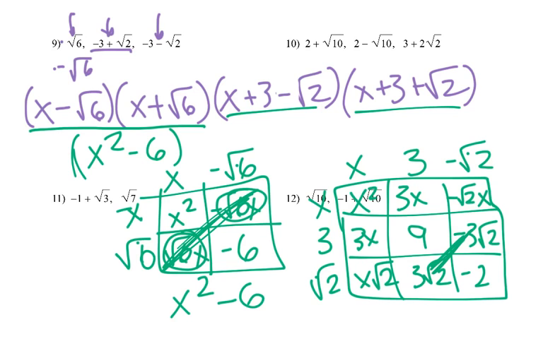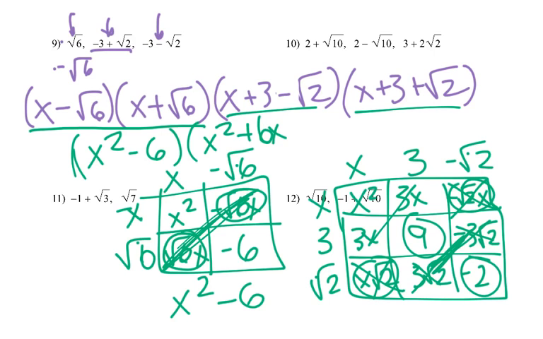So these two will undo each other, and these two will undo each other. So we once again got rid of the square roots, and we're left with x squared plus 6x, and then 9 minus 2 would be 7, so plus 7.